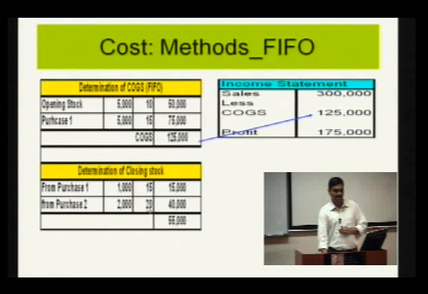So, as a result, I am going to have a cost of goods sold of 125,000 and the closing stock will be 55,000. So, COGS will become an input for income statement determination of profit. So, profit comes to 175,000.